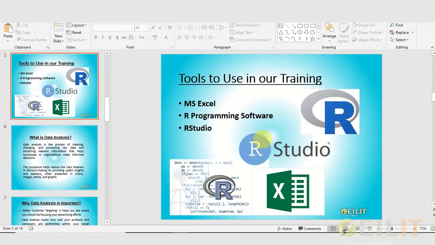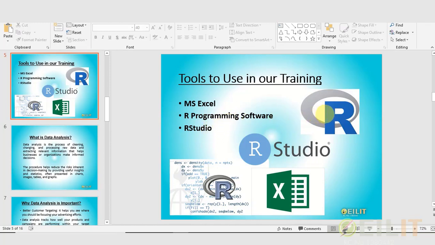So there are some of the tools we are going to use in our training, and one of the tools we are going to use is the Microsoft Excel spreadsheet. So we are going to use some advanced functions in Microsoft Excel spreadsheet in analyzing some data, and then we'll also be using a high-level statistical programming software known as R programming software to conduct some data analytics, and also R Studio.